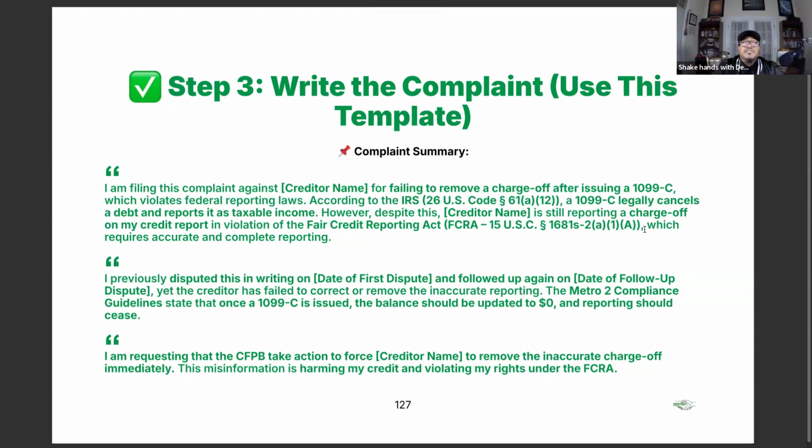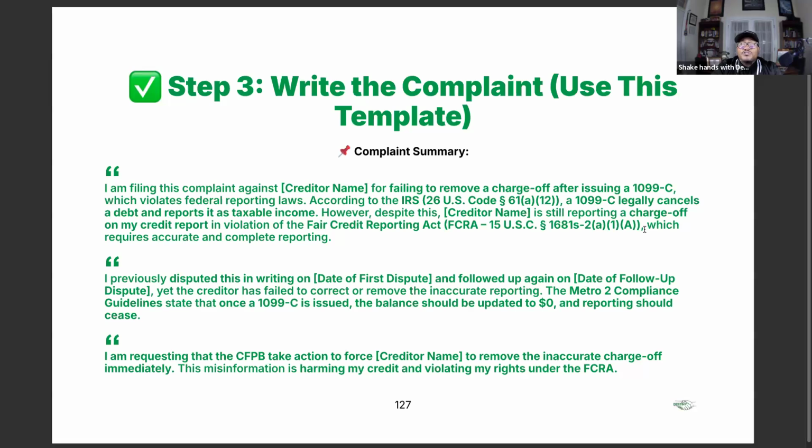What this basically does is it computes everything together, the first letter, the second letter, and I'm putting all of my complaint in here together. So you want to say, hey, I'm filing a complaint against X company for failing to remove a charge-off after issuing a 1099-C.